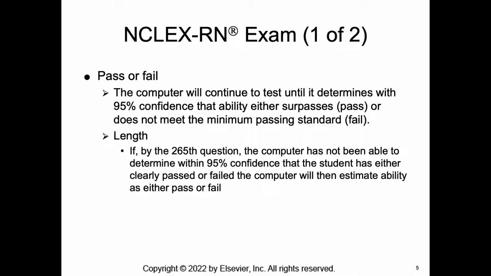So let's say that you're on the 145th question and the computer has not been able to determine with a 95% confidence that the student has either clearly passed or failed. The computer will then estimate ability as either pass or fail.